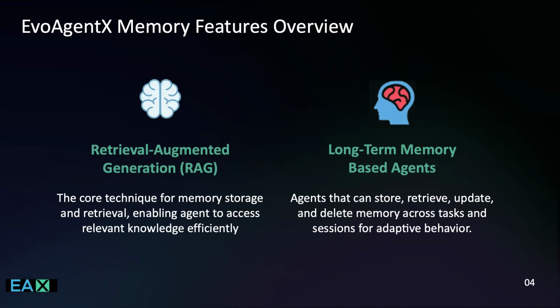It enables the agents to access external knowledge efficiently. In addition to this, there is also a long-term memory-based agent example. In this example, we have provided an agent that can store, retrieve, update, and delete memory across different tasks for adaptive behavior.